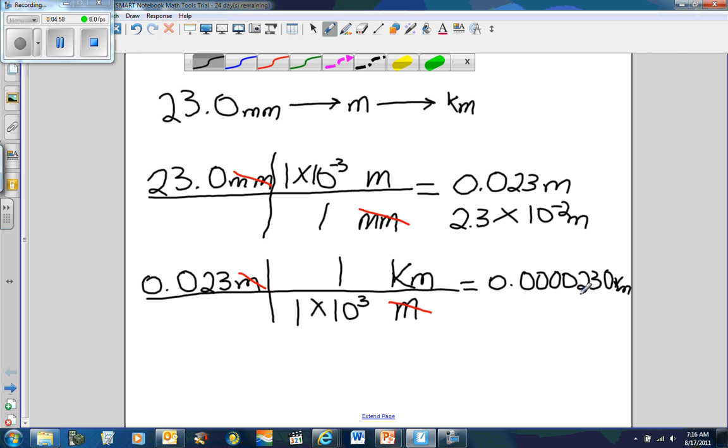So that's kilometers. And if we put that in scientific notation, which is what your calculator will give you, it won't show the decimal form. It'll just give you 2.3 times 10 to the negative fifth. And you will put the kilometers.